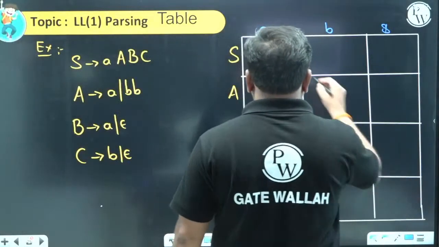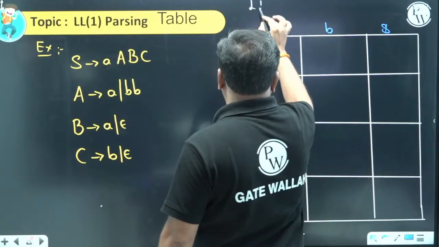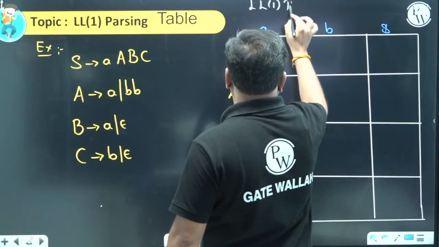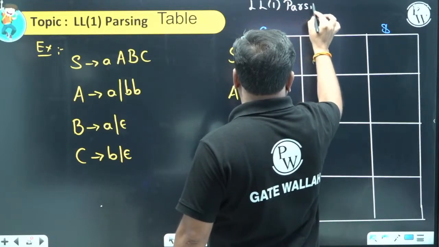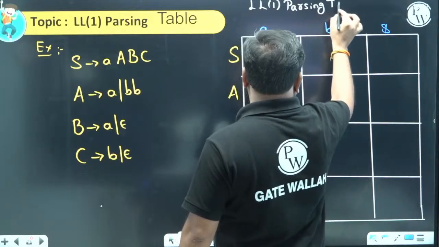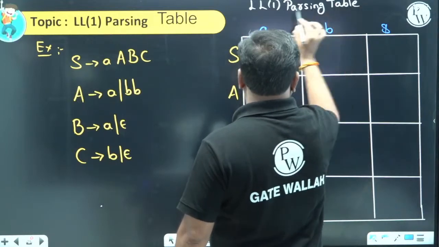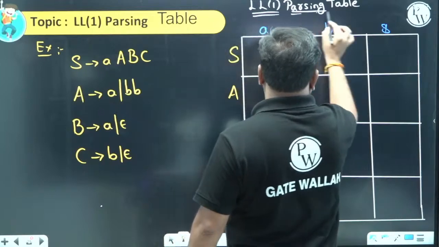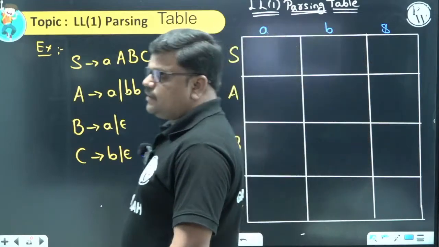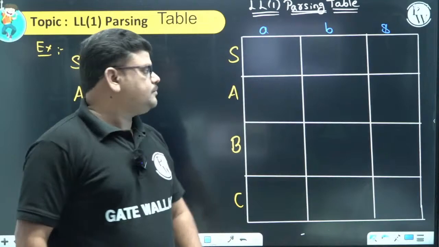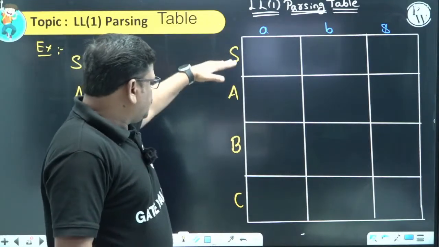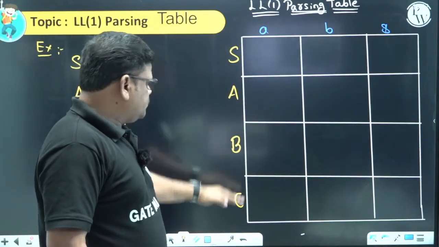This is our structure of the LL1 parsing table. The LL1 parsing table structure is: take all the non-terminals as rows.